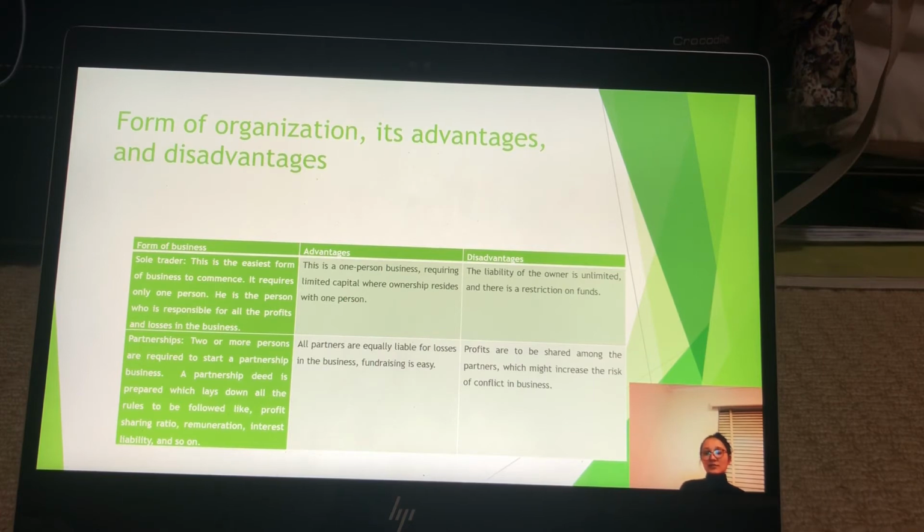Whereas for partnership, the advantage is that the burden of losses is shared and fundraising is easy. The disadvantage is that profit is to be shared among the partners, which might increase the risk of conflict in business.